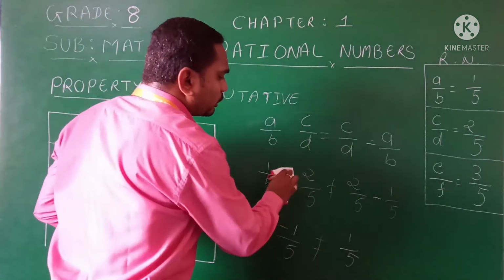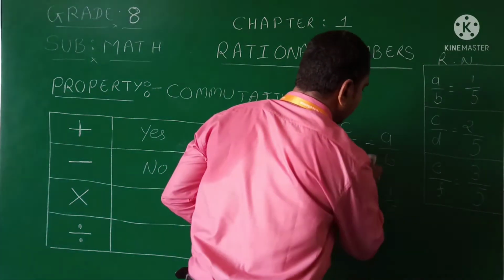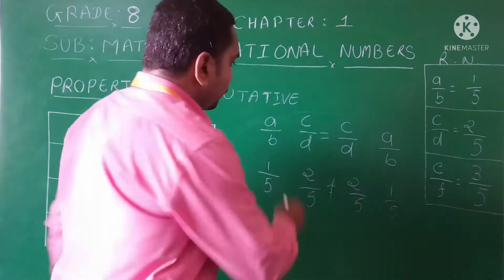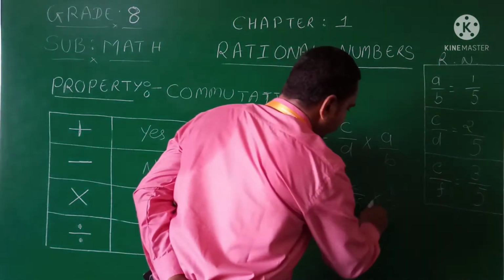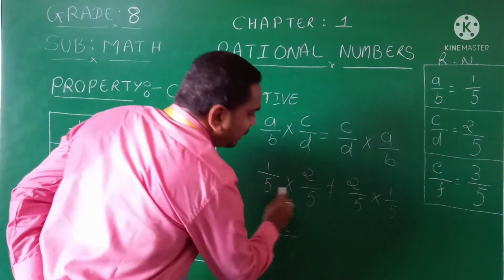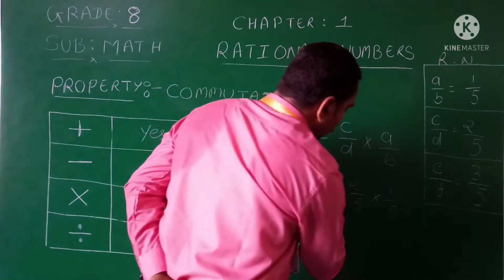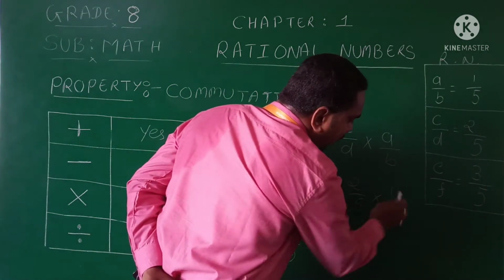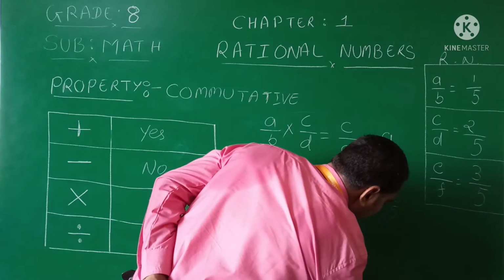Now let's go ahead for the multiplication. So in a multiplication, let's understand: 2 ones are 2, 5 fives are 25, 2 twos are 2, 1 twos are 2, 5 fives are 25.